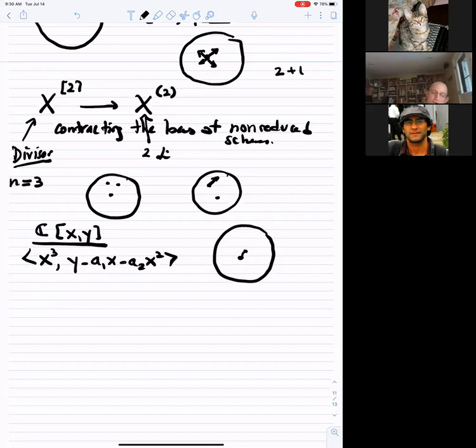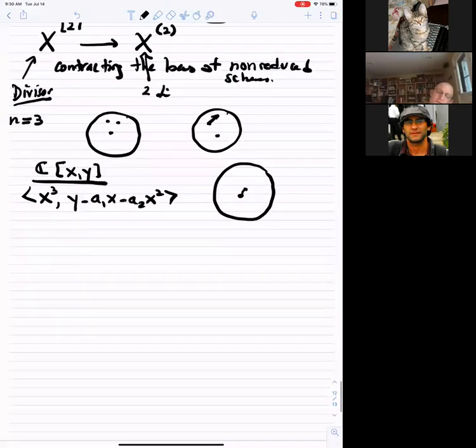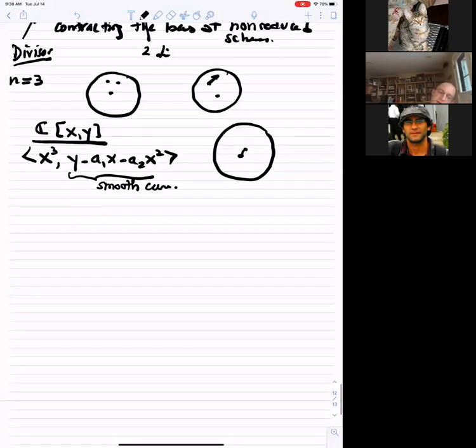The nice thing about this scheme is that it's contained in the smooth curve. Even if a1 is 0, you have y minus a1x minus a2x squared, and this is a smooth curve. So this length 3 scheme is contained in the smooth curve. But not all schemes of length 3 have to be like this.